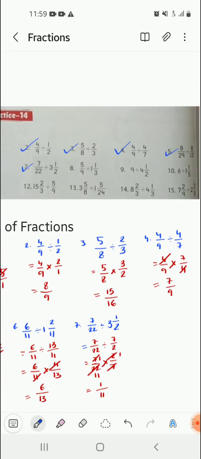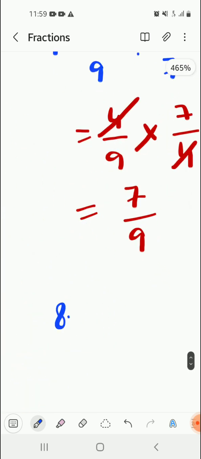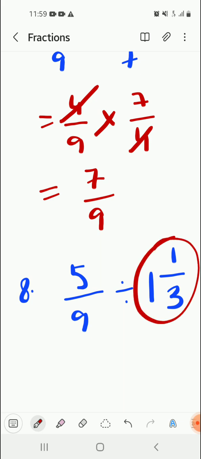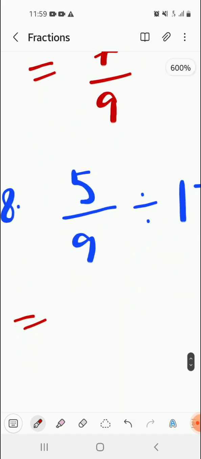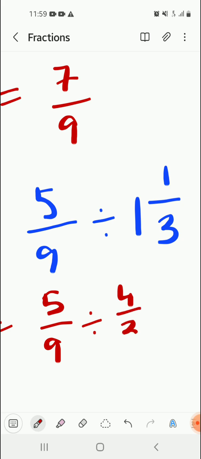Moving on, number 8. We have got 5 by 9 divided by 1 1 by 3. First, again, we are going to convert the second fraction into an improper fraction. So 5 by 9 divided by 1 into 3, 3 plus 1, 4. So it becomes 4 by 3.